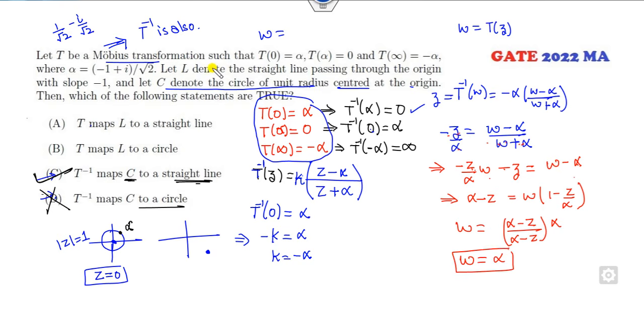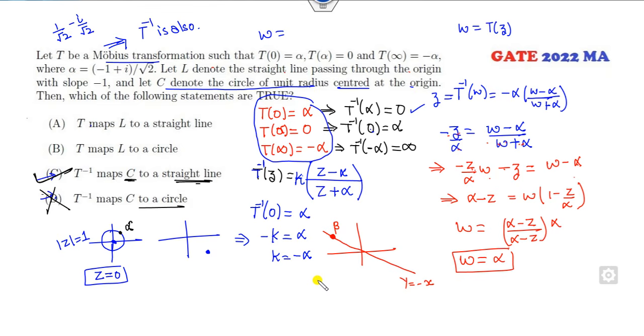L is a straight line passing through the origin with slope minus 1. Passing through the origin is here. Fine. So take any point on this, say beta is a point on this. If beta is a point on this line, how can you say whether this value is satisfied or not?